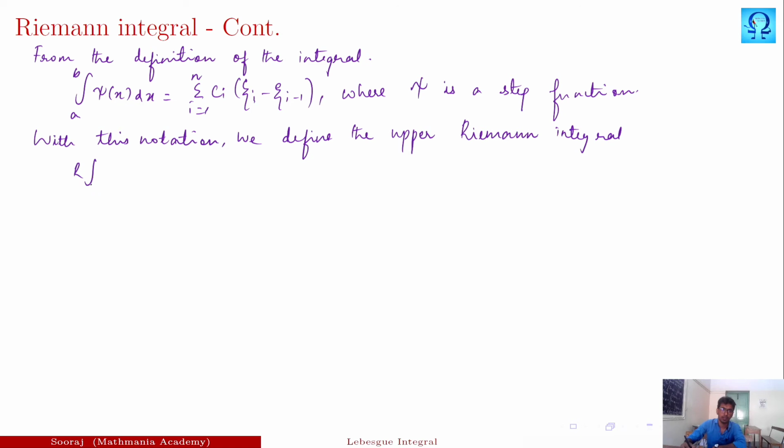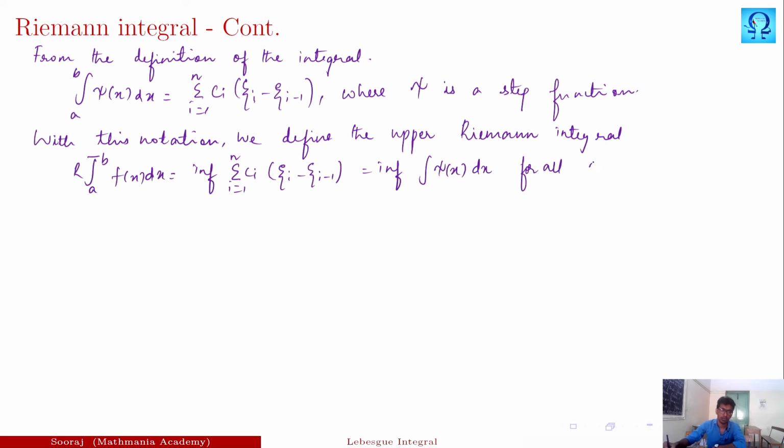The upper Riemann integral, R integral upper bar a to b f of x dx, is the infimum of summation i runs from 1 to n ci times xi i minus xi i minus 1, and this is nothing but the infimum of the integral of psi of x dx for all step functions psi of x bigger than or equal to f of x.